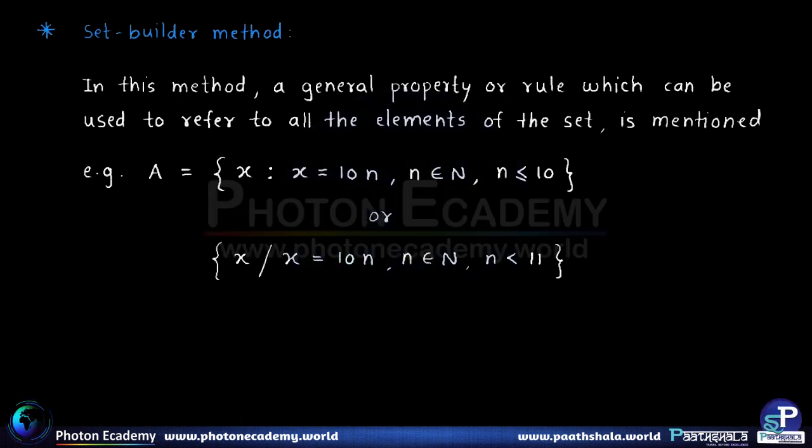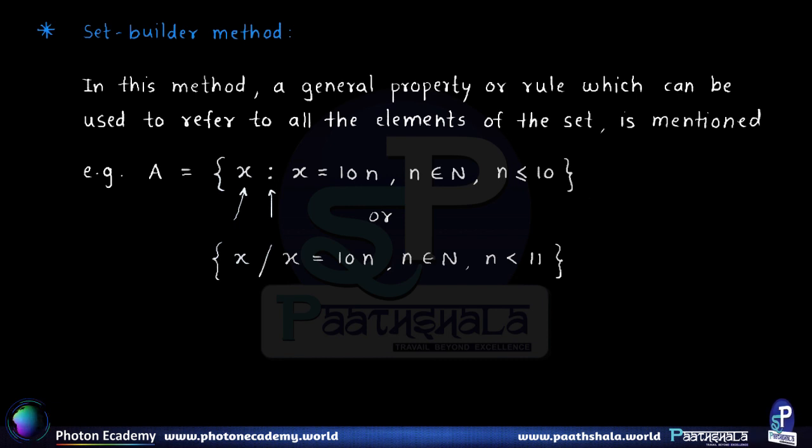So as an example, let us see one set A, and the way we read it out is: A is a set of all such elements x such that, this colon means such that. Now how is x?